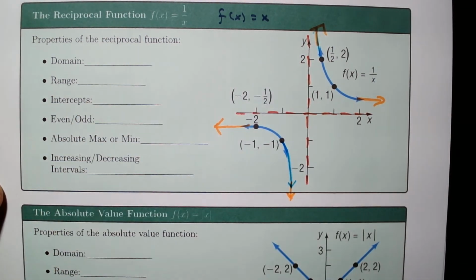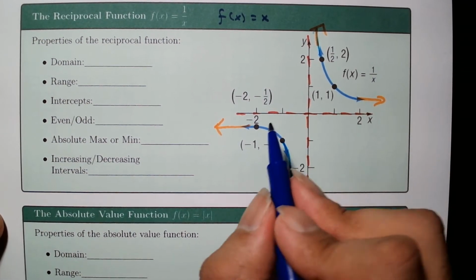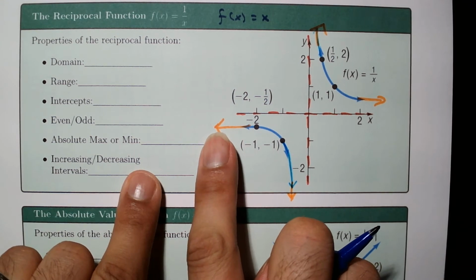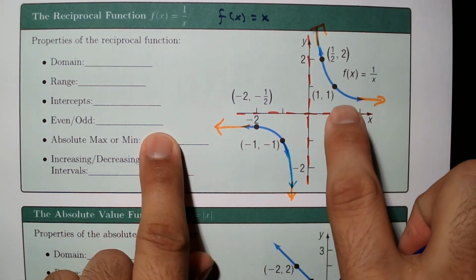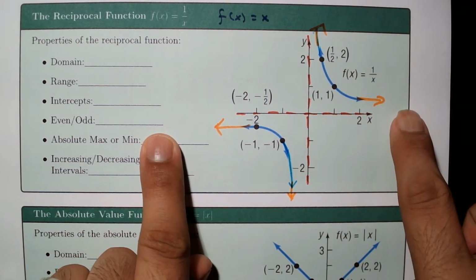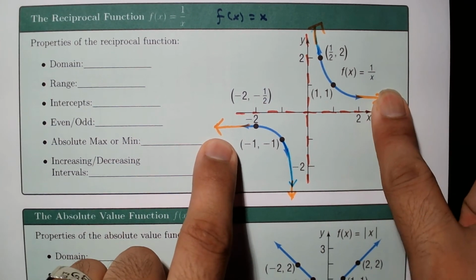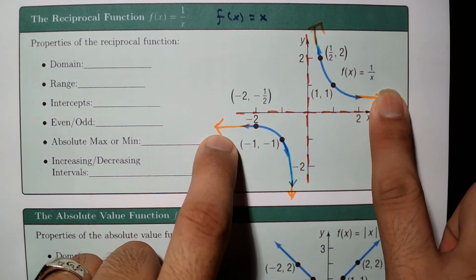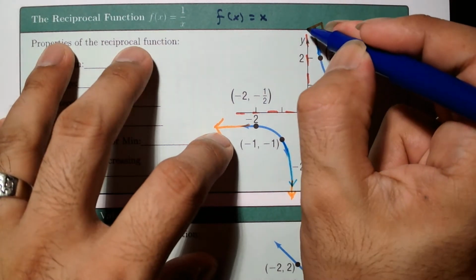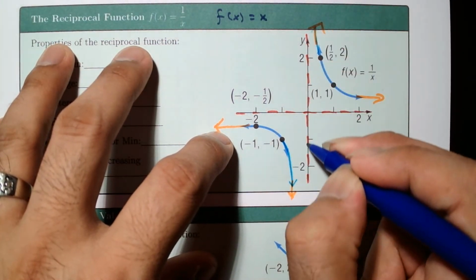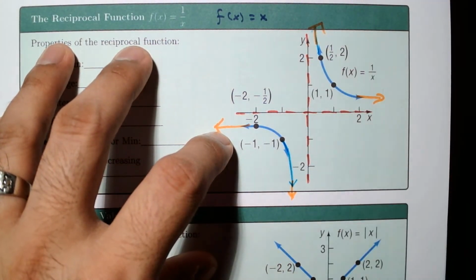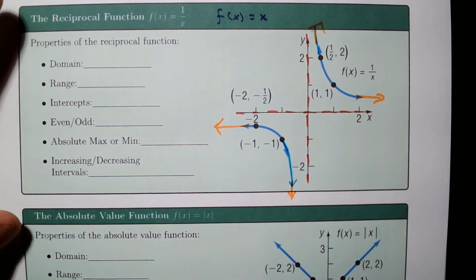So the domain, we need to be careful here. I know what you're thinking: scanning the graph, it goes from negative infinity to positive infinity. Yes, it does. In other words, all real numbers except 0, because that's the location of the vertical asymptote for this graph.